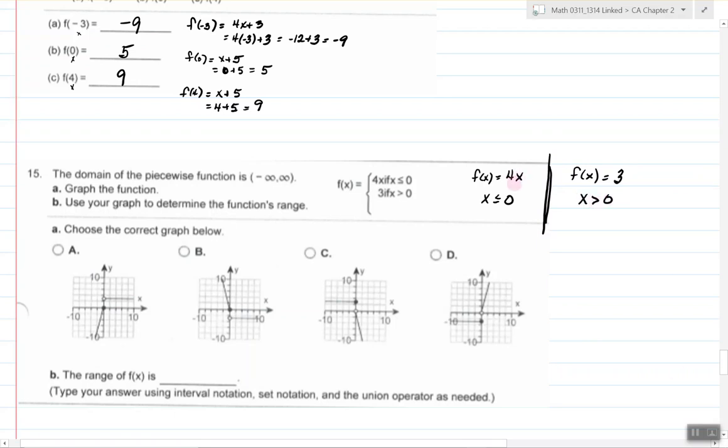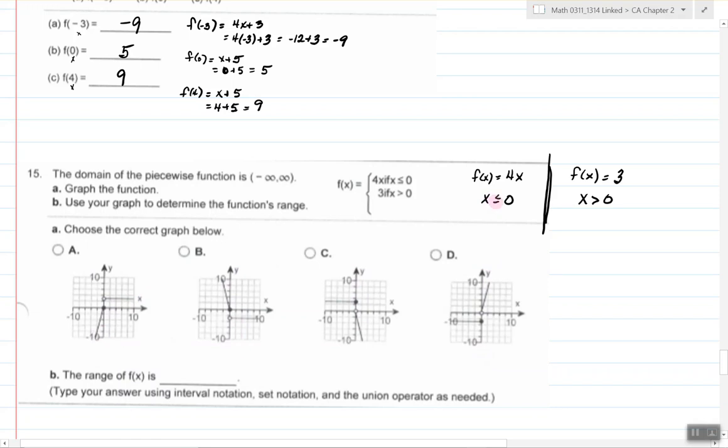Now this is a slanted line. This is a constant. So everything is going to change at x equals 0. Now this one, the behavior changes at 0. So does this one, so does this one, so does this one. So let's look at just this side.